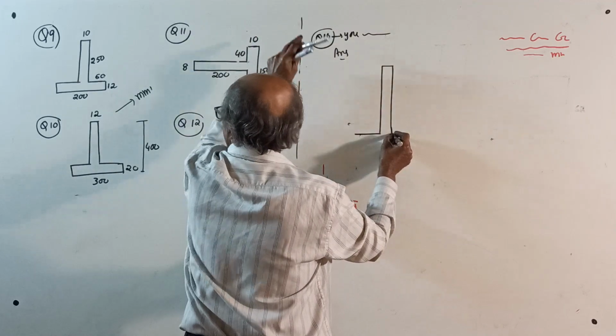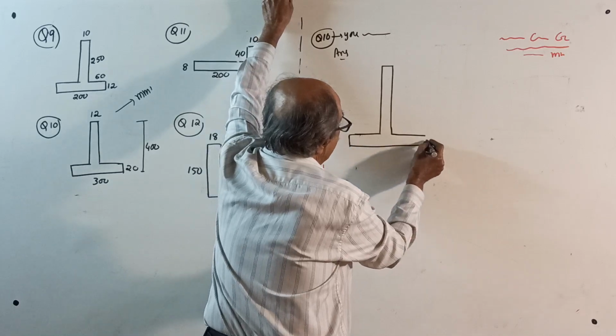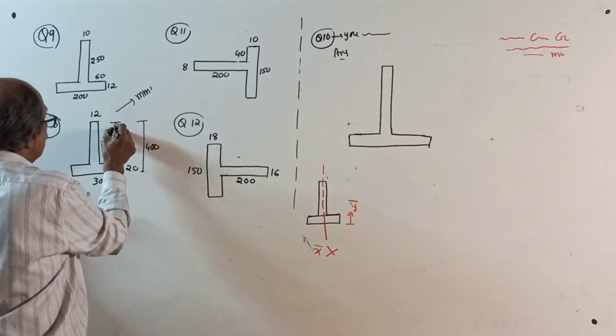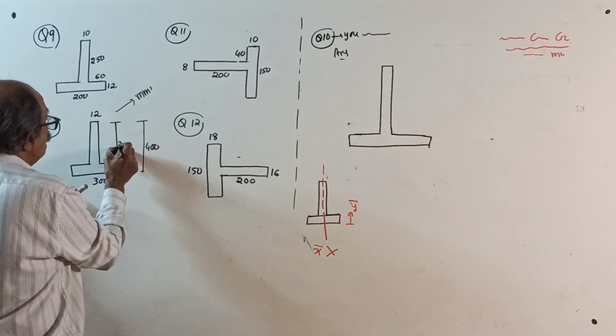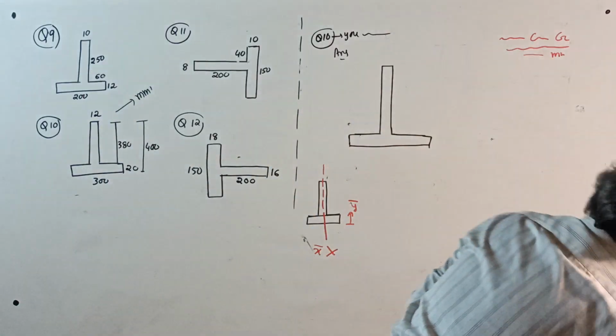300, that is 400. Okay. This time remember, this is 400. This will become how much? 380, overall it is given. 380 is given. Therefore, I will give the answer.